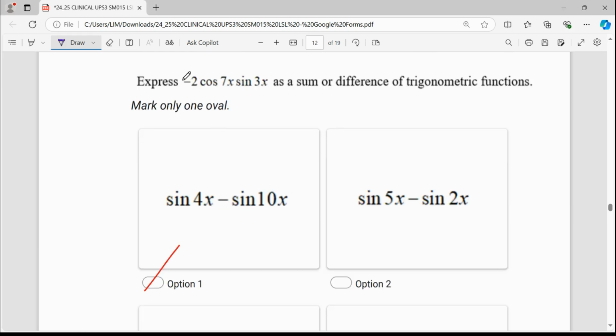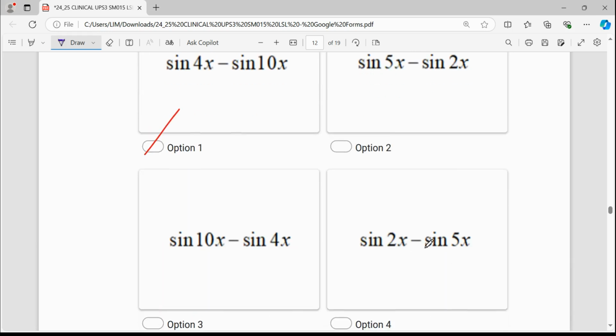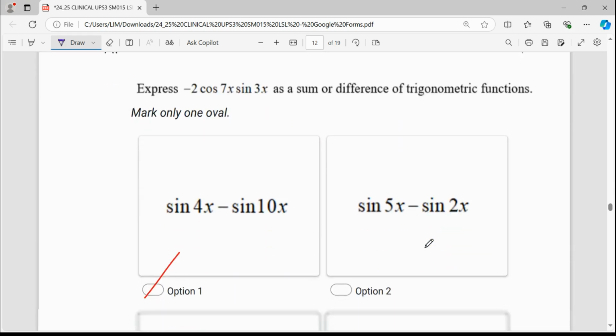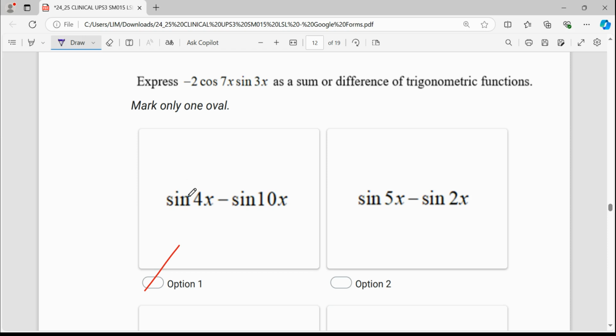Then next, express this as a sum or difference of trigonometry functions. Actually, we can do it the other way. You can see this one is sine A minus sine B. It will be faster. It will be negative 2 cos of A plus B over 2, and then sine of A minus B over 2.